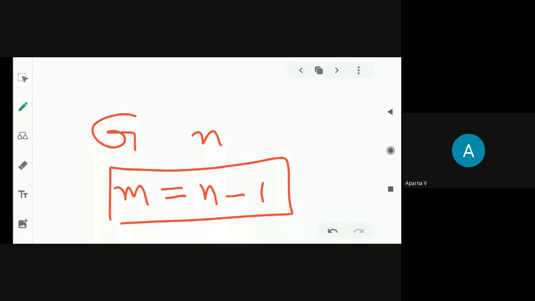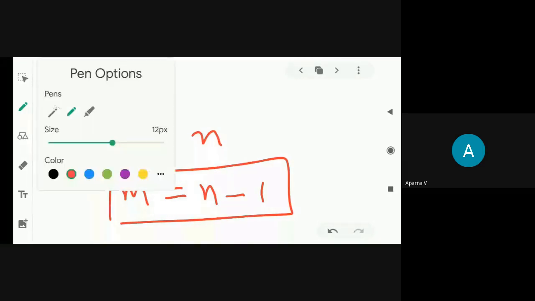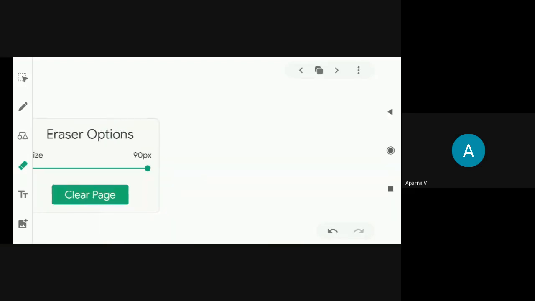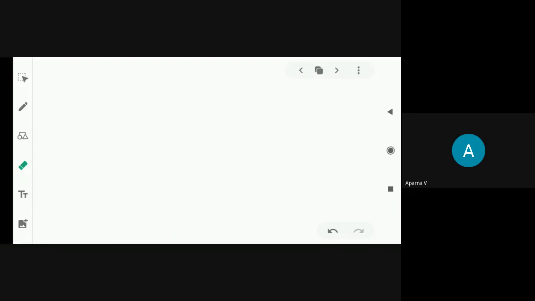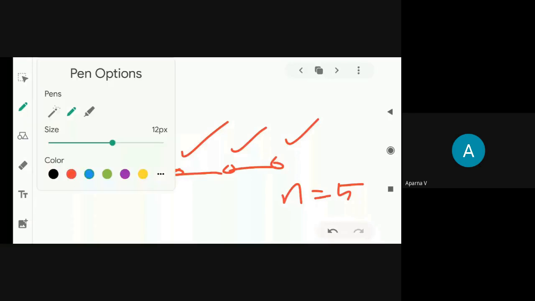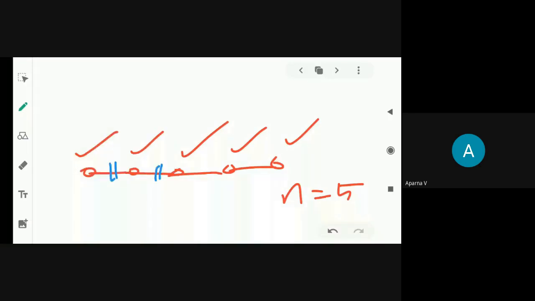Let me give you a very particular tree, which is itself called a path. That's also very important as far as graph theory is concerned. This is an example of a tree. How many vertices? 1, 2, 3, 4, 5 vertices. So n is equal to 5. How many edges? 4 edges.